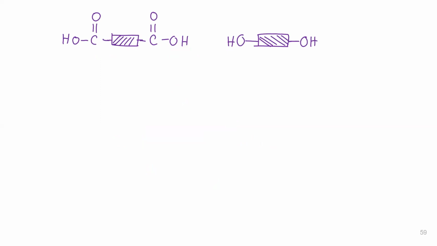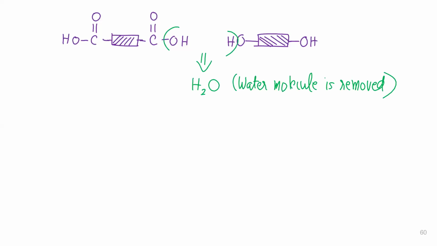Now I'm starting the polymerization. This is an example. Left side is a dicarboxylic acid, right side is a diol. Now you have to copy this, in this orientation, because I have to start polymerization.